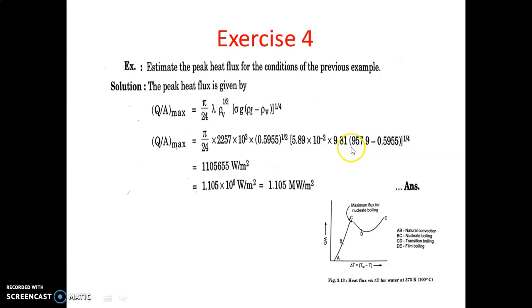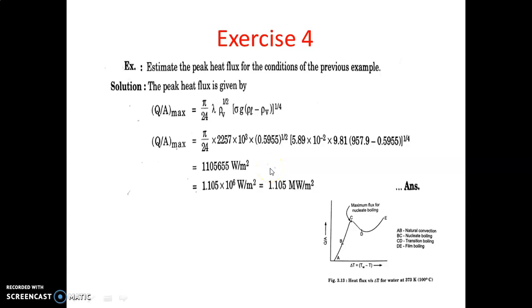Then in brackets we write the density of liquid minus the density of vapor, and the whole square bracket has the power 1 by 4, and this vapor density has the power 1 by 2, and the whole thing we multiply by pi by 24. So this is the constant for this equation. After calculation we get this value, 1105655 watt per meter square.